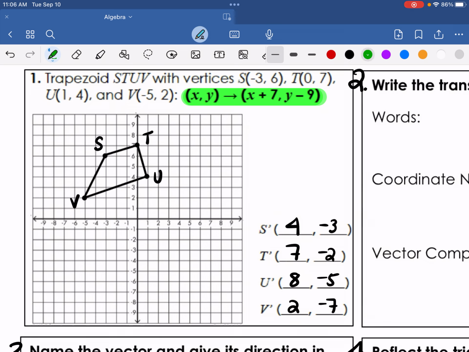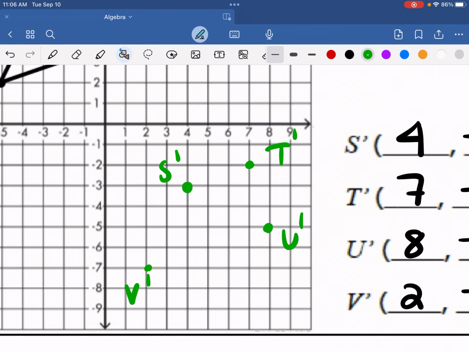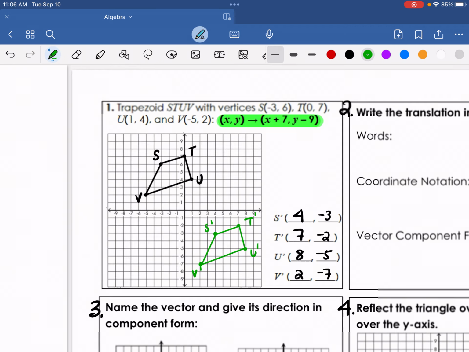So 4, negative 3, that's s prime. 7, negative 2, t prime. 8, negative 5, u prime, and v is 2, negative 7. Now you can connect it. And there you go.